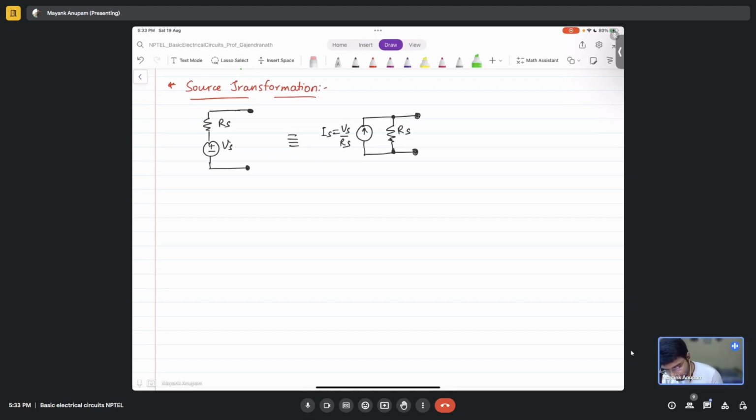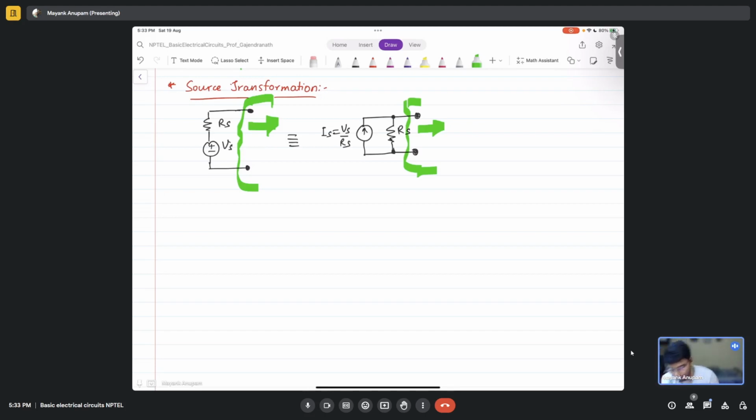These both are equivalent while looking from the right hand side of the green boundary that I've drawn here. When you look at this network from the right hand side of the green boundary, both networks will seem equivalent.